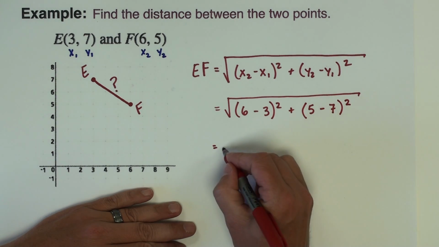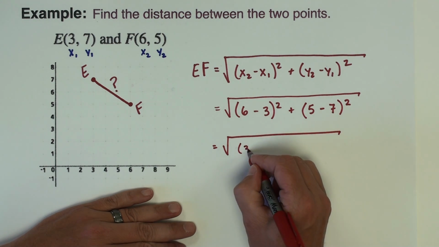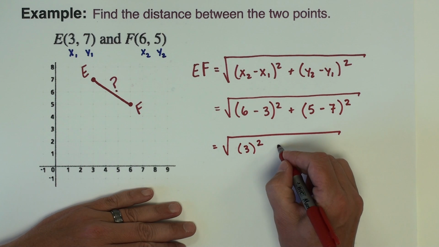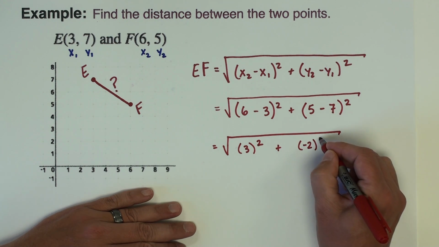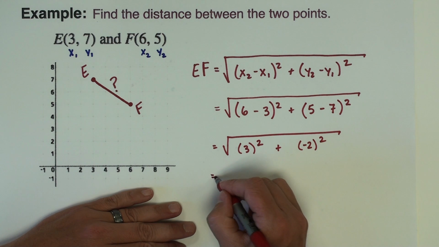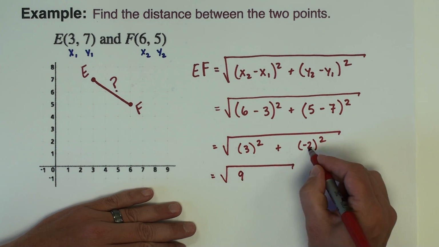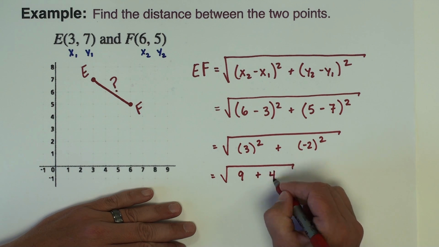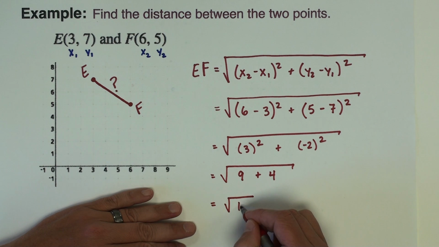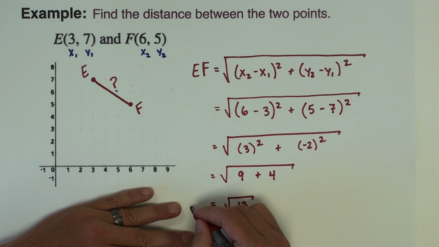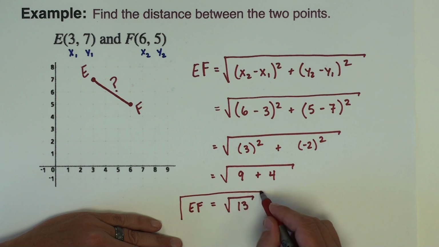Square that. So 6 minus 3 is 3. That needs to be squared. 5 minus 7 is negative 2. That's going to be squared. 3 squared is 9. Negative 2 squared is 4. So we get the square root of 9 plus 4, which is the square root of 13. So that's EF.